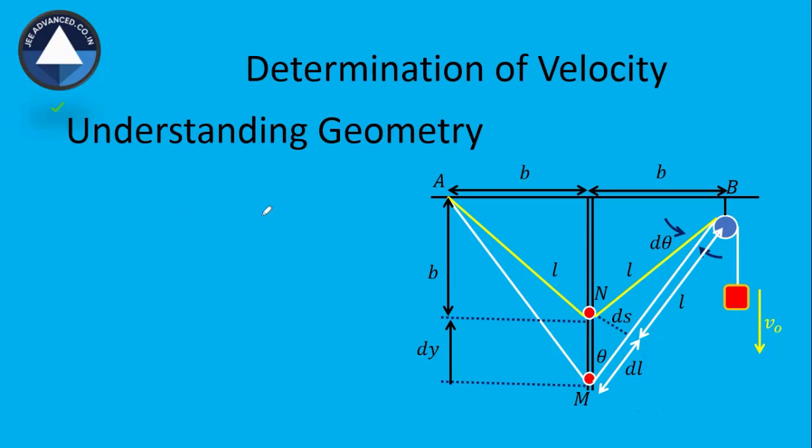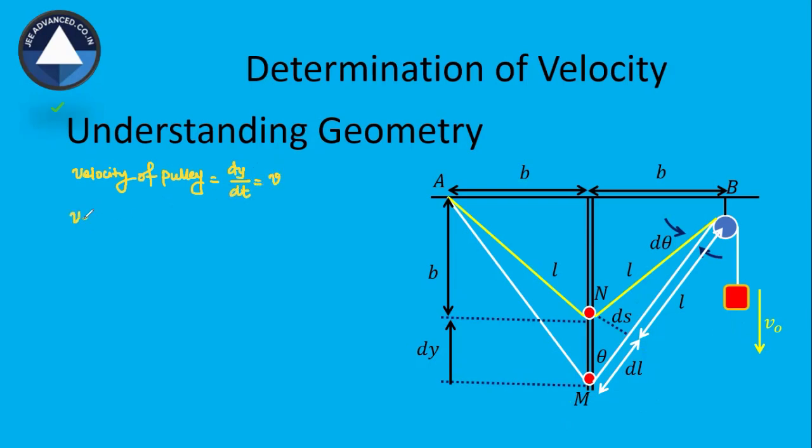So we can say that dy upon dt is the velocity of the pulley, and 2dl upon dt is the velocity of the block. Now let us write it carefully. What are the relations? We have found that the velocity of the pulley will be equal to dy upon dt, and we symbolize it using the symbol v.